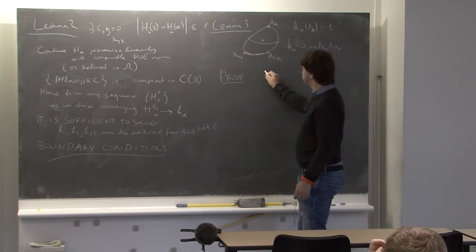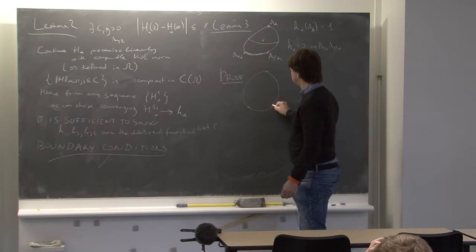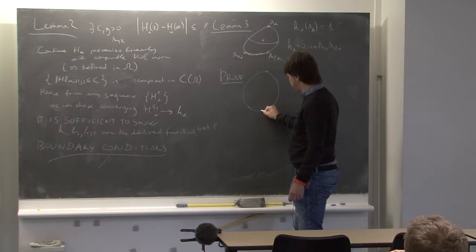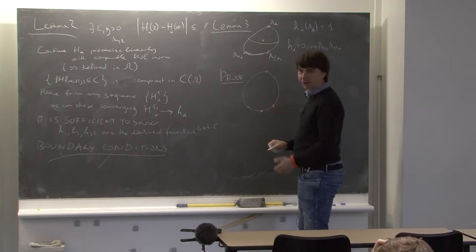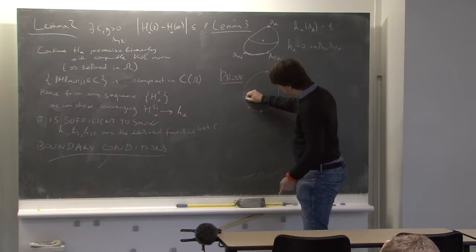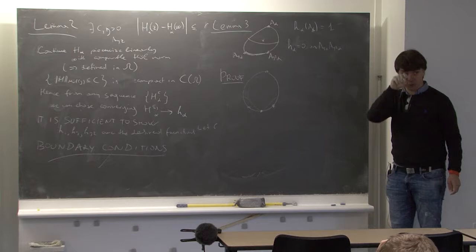Well, the second statement is rather easy to prove. If I have a point on the boundary of my domain, there is no way to separate it by a crossing.